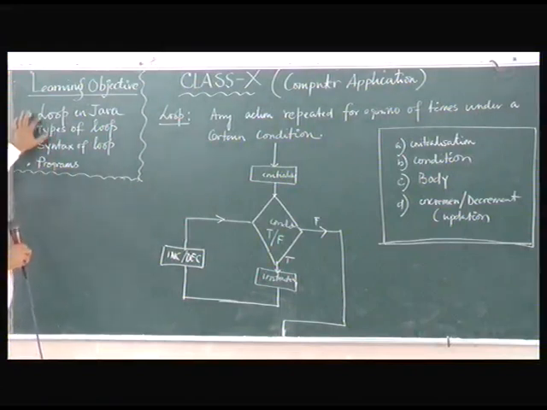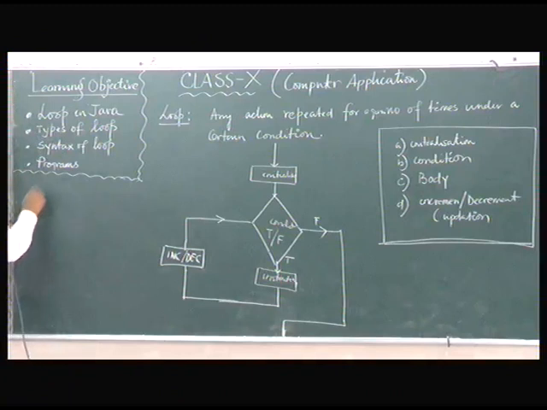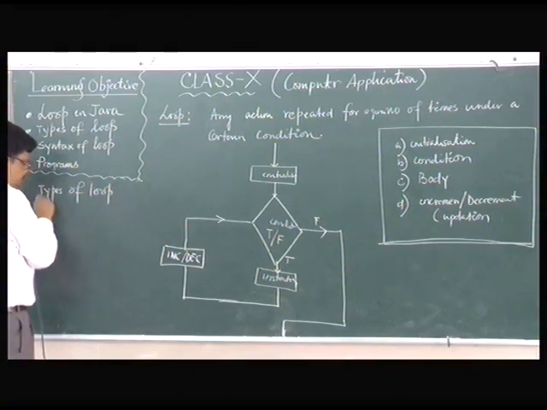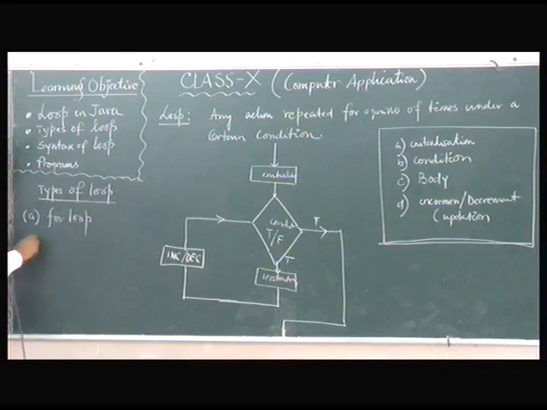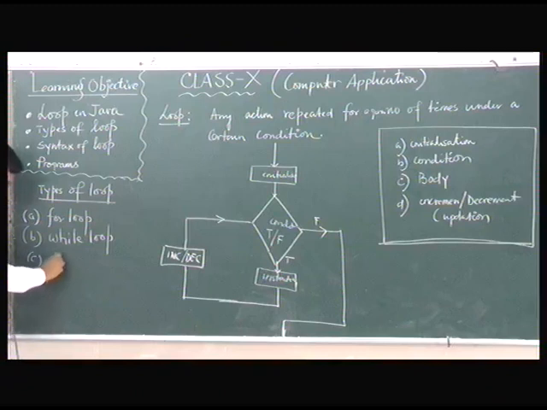Now we'll go to the types of loop. You see how many types of loops there are in the Java language. At the beginning, we'll discuss the for loop, then the while loop, then the do while loop.